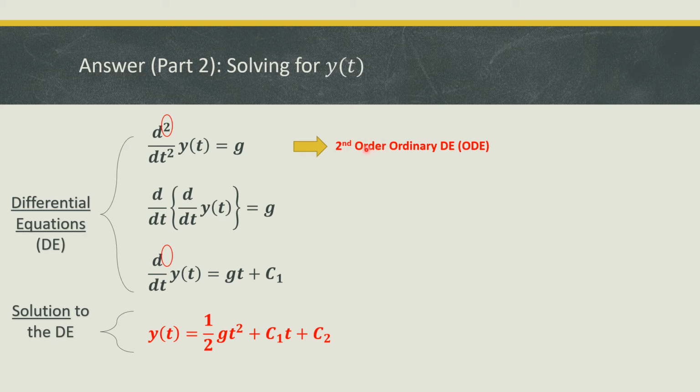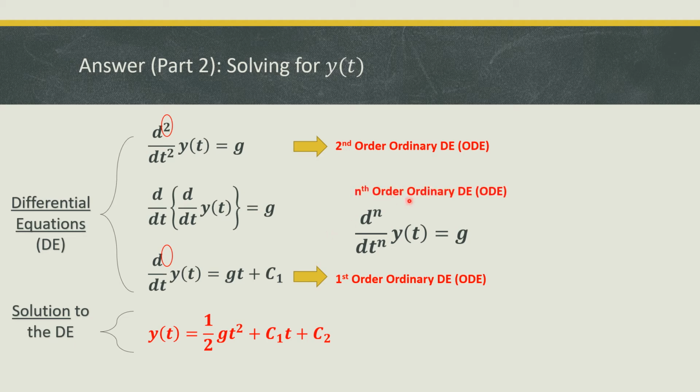The order means the highest derivative that is contained in the equation. So here the highest derivative is just 1, and so this is a first order ordinary differential equation. The natural next question is, what if we had an nth order derivative? We will call that an nth order ordinary differential equation. So we just need the highest derivative, and this is what we mean by the order of the differential equation.